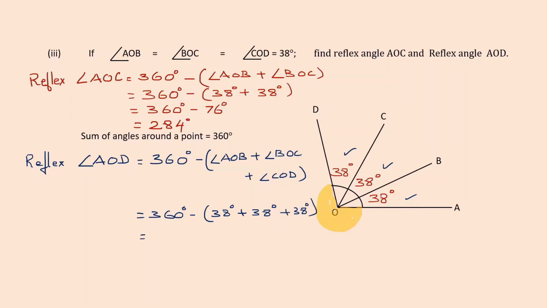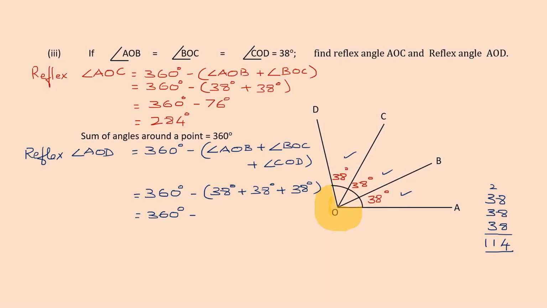That is 360 degrees minus, let's add it all up, 38, 38 and 38. 8 plus 8, 16 plus 8, 24, carry 2. 3 plus 2 is 5 plus 3, 8. 8 plus 3 is 11, 114. So 360 degrees minus 114.